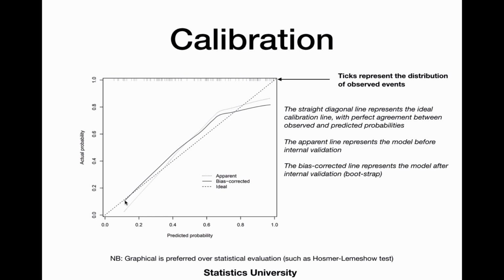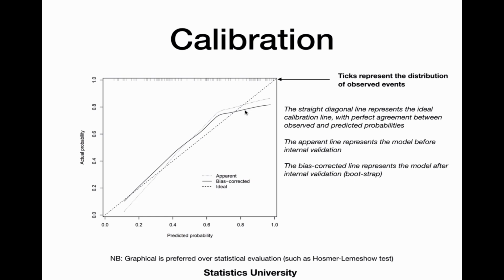Now, after internal validation and applying a shrinkage factor to the regression coefficients, this black line represents the bias-corrected model, and you can see that the calibration is a little bit better. It's closer to the diagonal line, especially in this range of predicted probabilities.